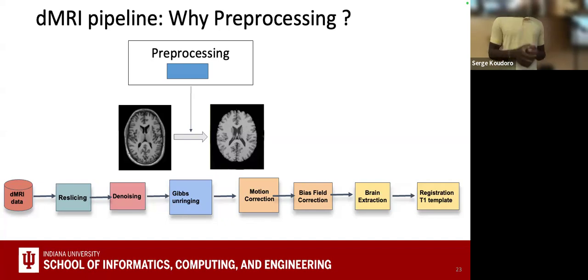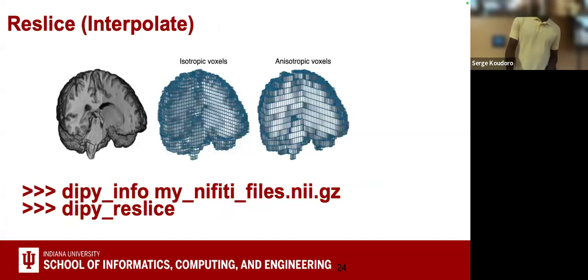Then you have brain extraction, mandatory, because every algorithm needs to have only the brain and not the skull. I would say almost all. And then you can have some registration to a T1 template or another modality, which is very optional. So let's start with the reslicing.